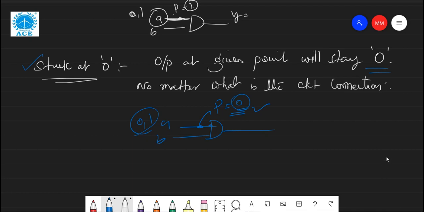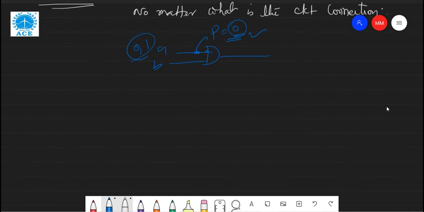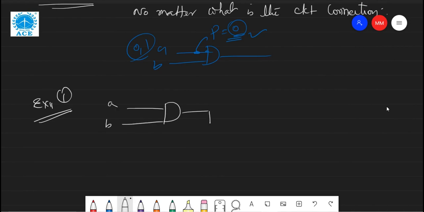Let us see one example to understand better. Okay, example 1, right? I would like to take one AND gate. The inputs are A and B, and this is connected with one OR gate, and for the other input I'm giving C. This is Y, my output.